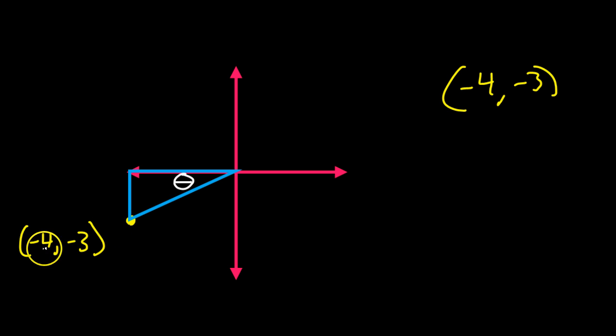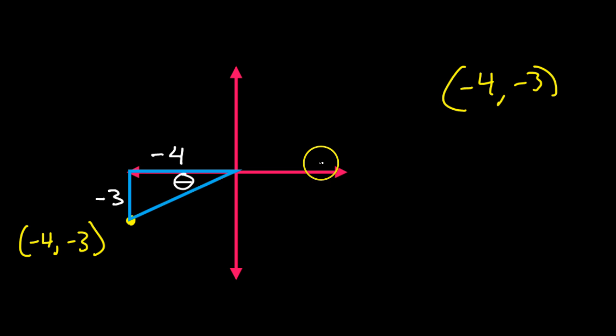Because this is the point -4, -3, we know the sides of this triangle. This -4 is the horizontal length right here, so we will call this side of the triangle -4. This -3 is the y value, so it tells us how far down it is. So we will call this -3. We have to include those signs.